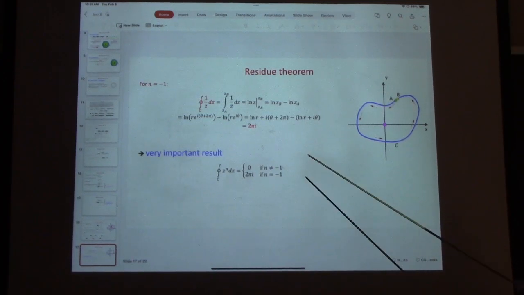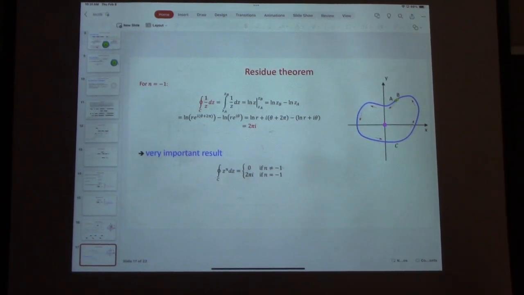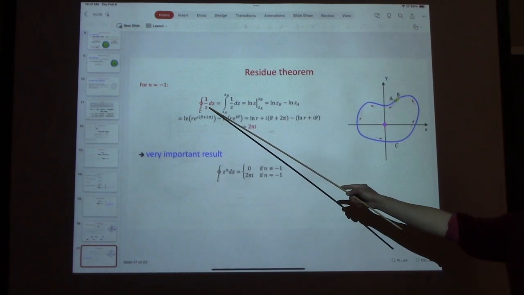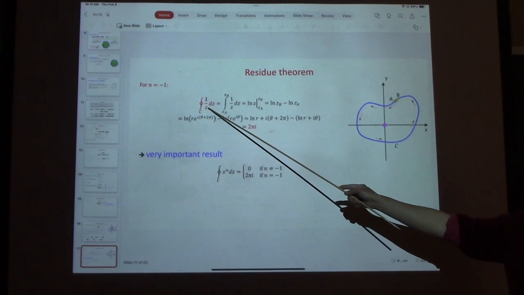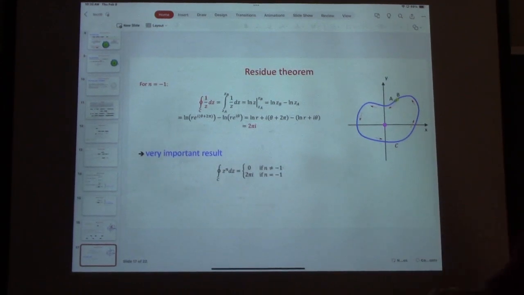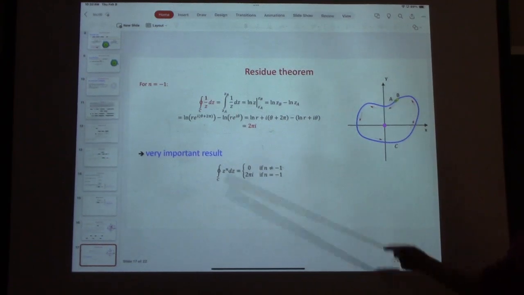Of course, that's not surprising. We spent half a lecture doing this integration early on, remember? By doing it carefully around a circle, we got 2 pi i. And here we do it this way, and we also get 2 pi i.